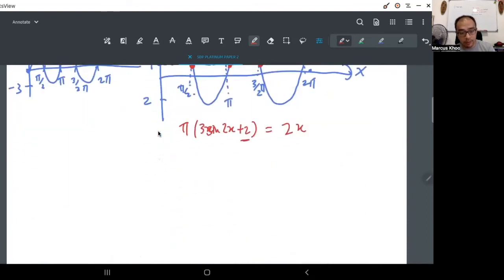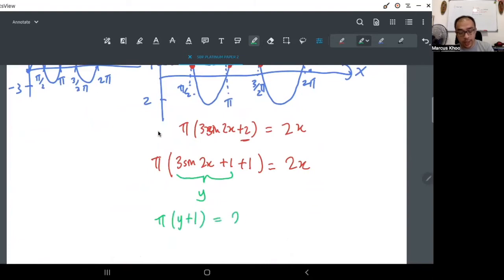So I can write 3 sine 2x plus 1 equals to 2x over pi minus 1. Why do I want to do this? So that I can substitute this whole thing equals to y. Okay, so y plus 1 equals to 2x over pi. So y equals to 2x over pi minus 1.